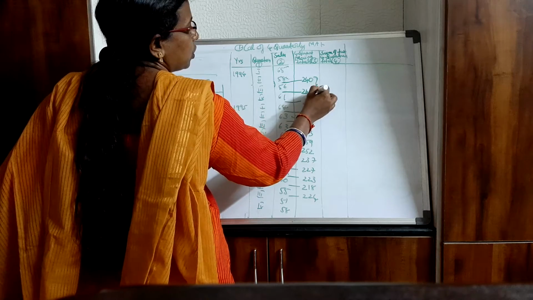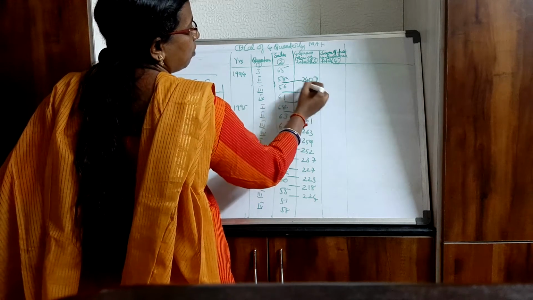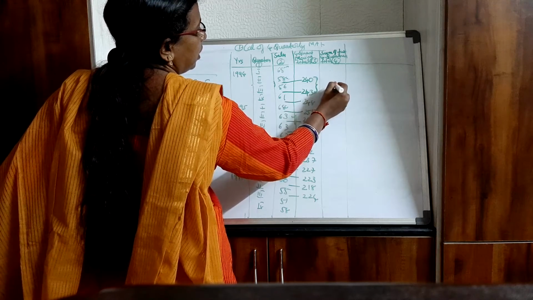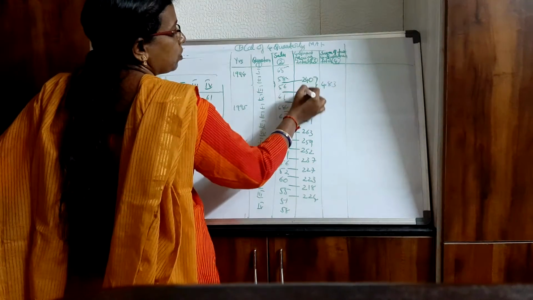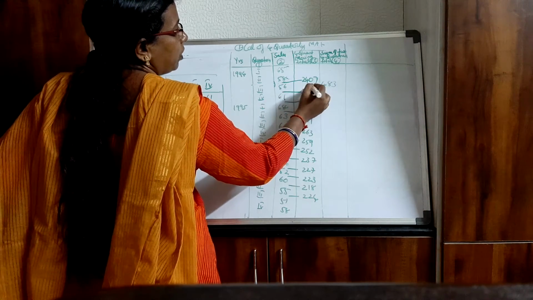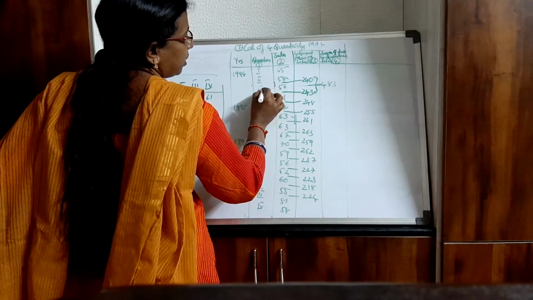When I am adding these 2, I have to write that value in between these 2. So how much am I getting here? This is 483. Now this 483 I should write in between these 2. Now this position corresponds exactly to the third quarter.